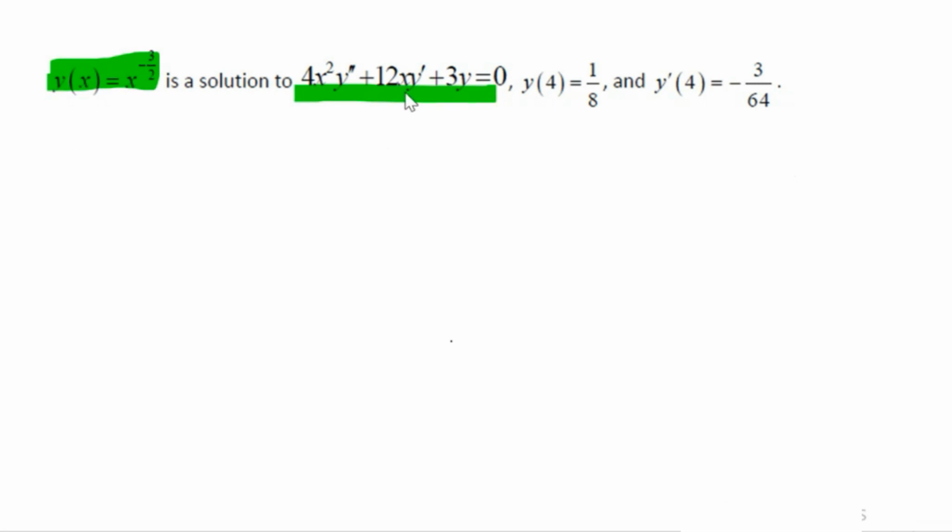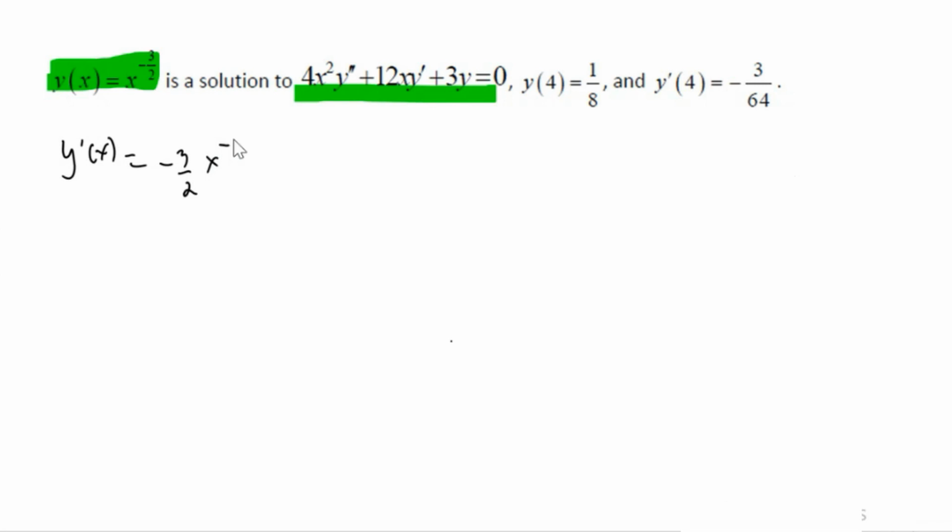So since the order of the differential equation is second order, then we need to take until the second derivative. So we have the first derivative now will be y prime of x is equal to the negative of 3 halves of x to the power of negative 3 halves minus 1.